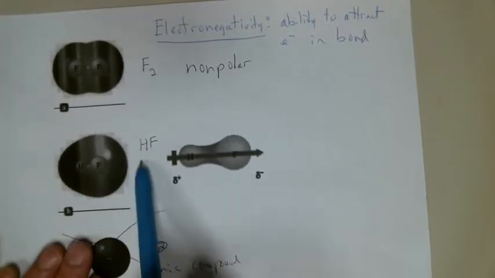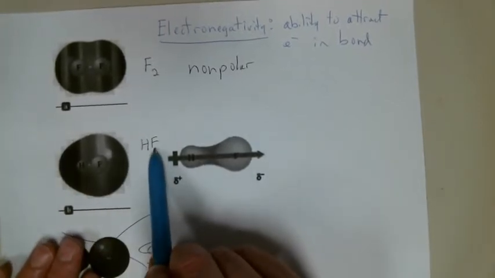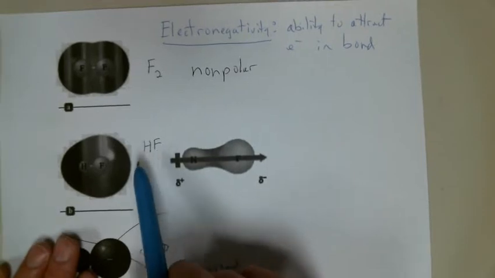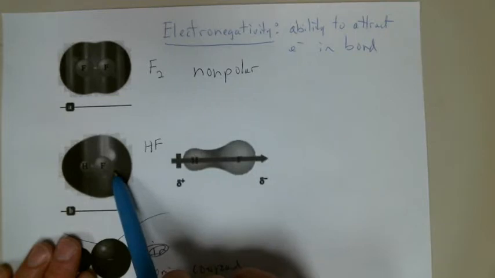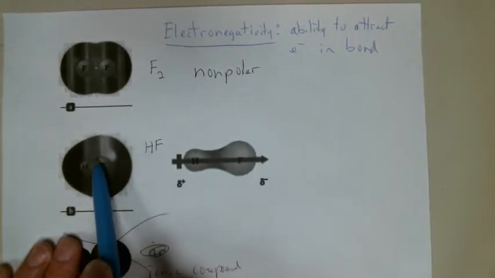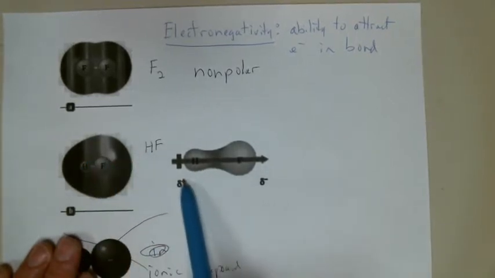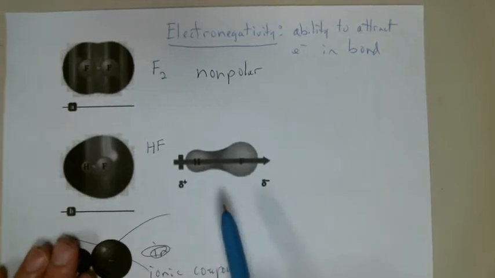But if you have HF, well, fluorine is our most electronegative element. Hydrogen is not very electronegative. And so when these form a covalent bond, the electrons are pulled towards the fluorine. And this representation is really nice too.